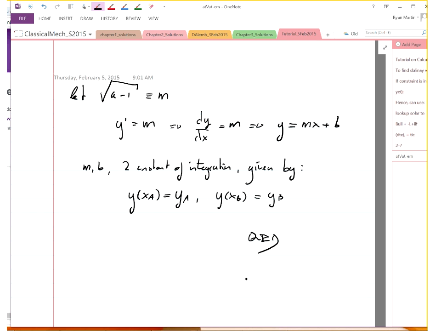And there's another problem in the notes there. It's the same question, but prove that, or at least obtain the differential equation that minimizes the distance between 2 points on the surface of a sphere. And so that will again give you a differential equation that's not super obvious to solve.